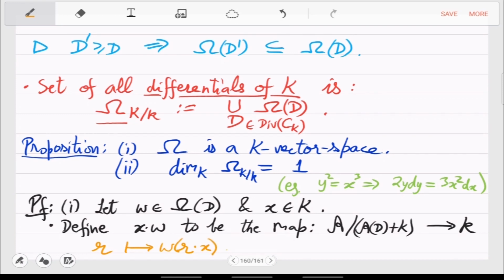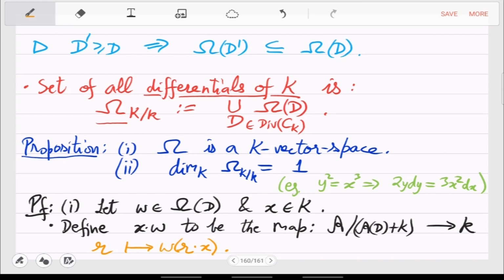Right, so that's the obvious thing you should do. That gives you another differential, right? From omega you can get x omega. Okay, so you know how to multiply by functions.